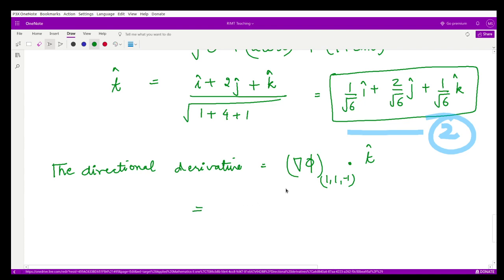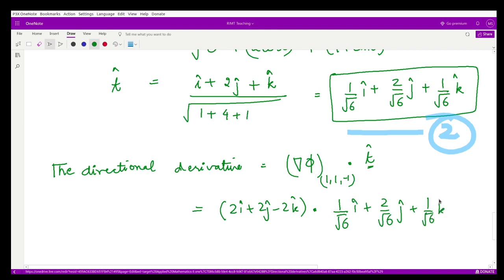So the gradient which we obtained was 2 i cap plus 2 j cap minus 2 k cap, and this t vector is this one. So we have 1 by square root 6 i cap plus 2 by square root 6 j cap plus 1 by square root 6 k cap. So now we have to perform this dot product.